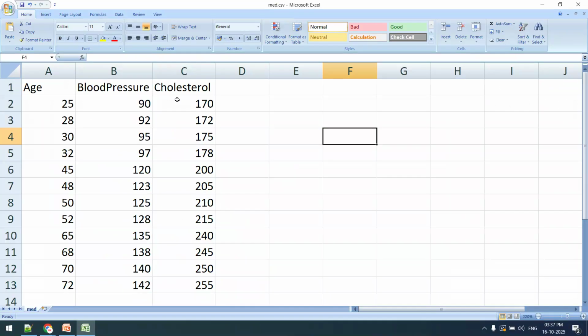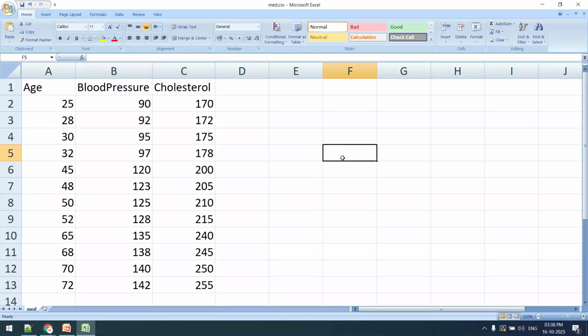Because in the actual data set there is a min-max mismatch. For example, age: 25 is the minimum age, 72 is the largest. Here values vary from 90 to 142, here 170 to 255.